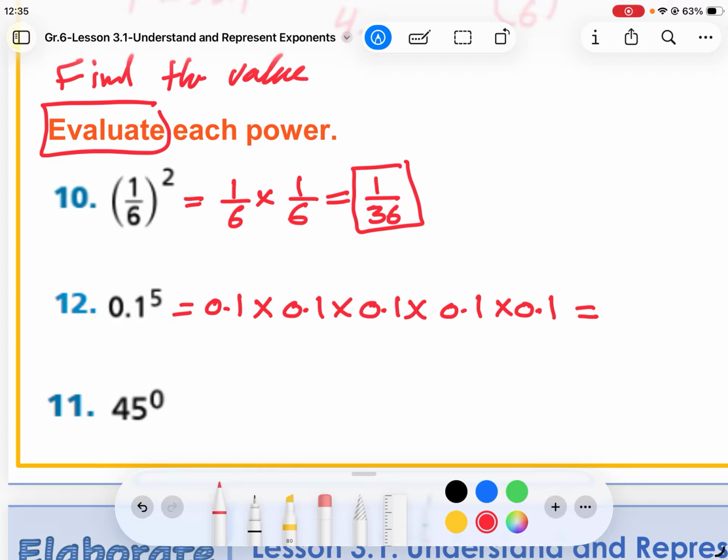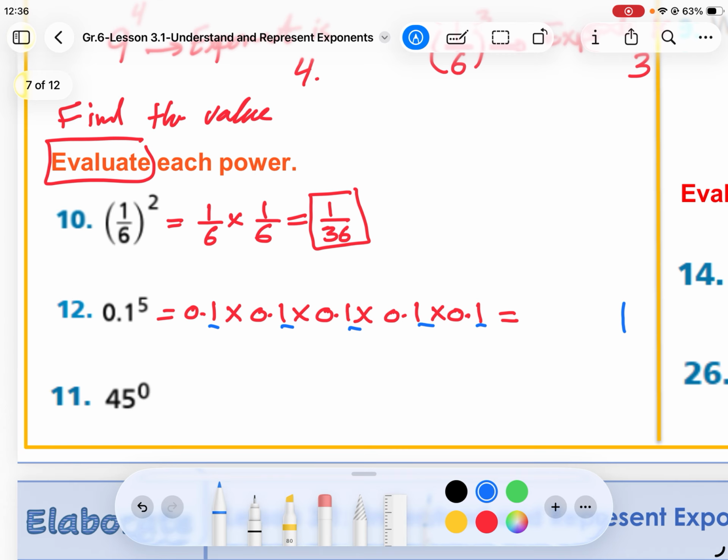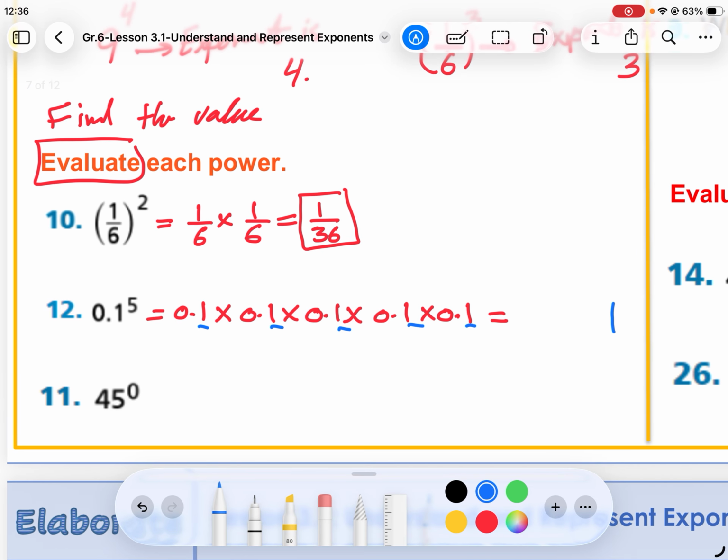Just multiply the whole numbers. Multiply like you multiply whole numbers. So we're going to multiply what whole number you guys see. It's 1. 1, 1, 1, 1. We all know 1 times 1 times 1 times 1 will be equal to 1. And now, what do you do after? After, you put the point back.